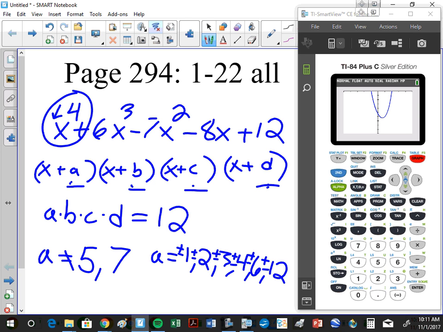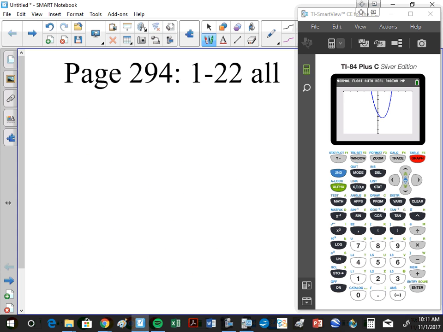What does rational mean? Fractions. Rational means fractions, which includes whole numbers. Okay? If I had, that's a bad one, 3x to the third minus 6x squared plus 2x plus 14. Could the answers be fractions?